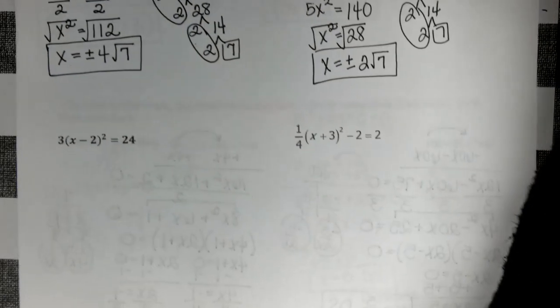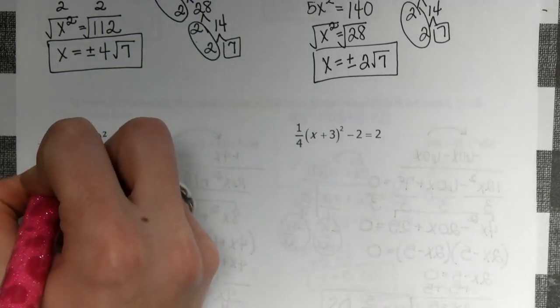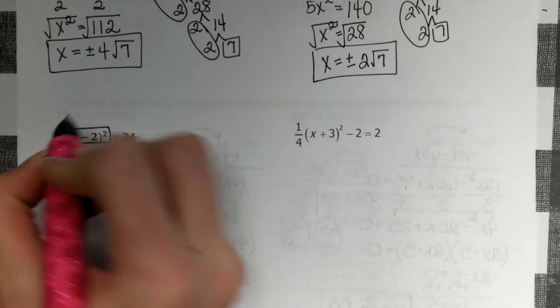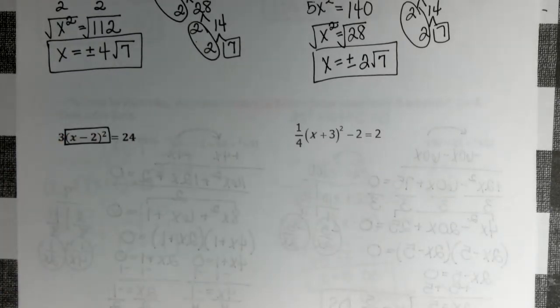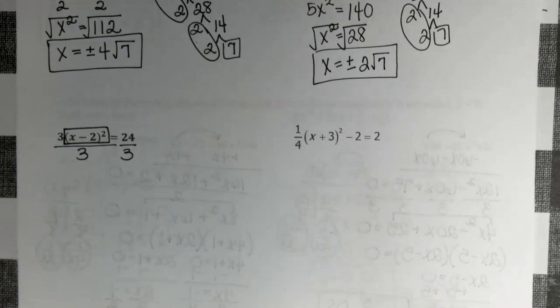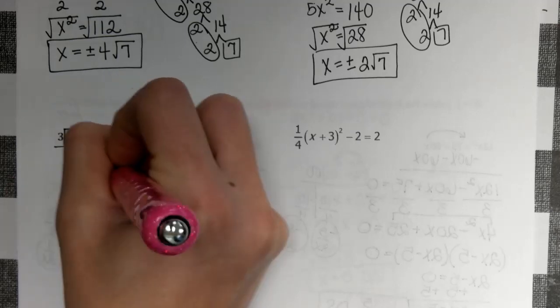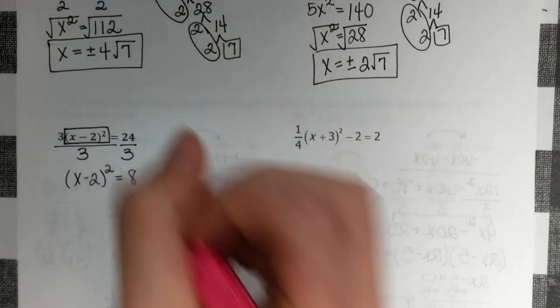Now, these next few, I don't have x squared, I have a set of parentheses squared. So anything that's being squared is what you want to solve for. So this x minus 2 squared is what I want to get by itself. I do not ever change what's in parentheses. I do not distribute anything in front of it. Okay? Instead, what I'm going to do is divide by whatever is in front of it. So that leaves me with x minus 2 squared equals 8.